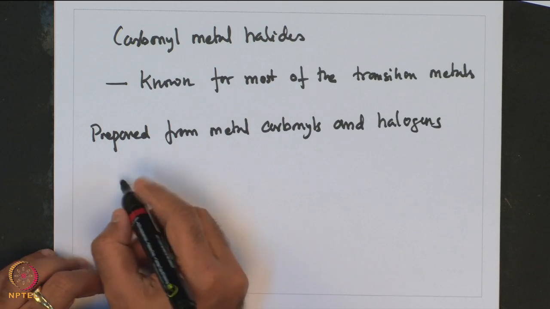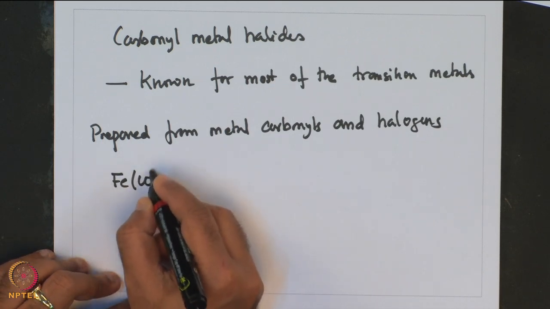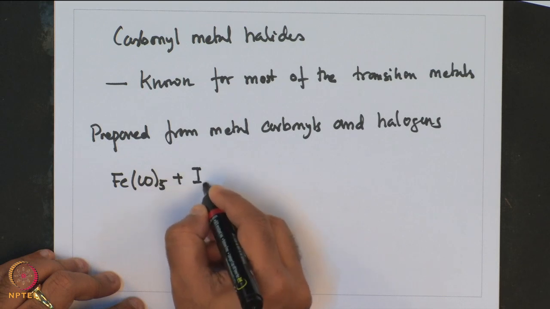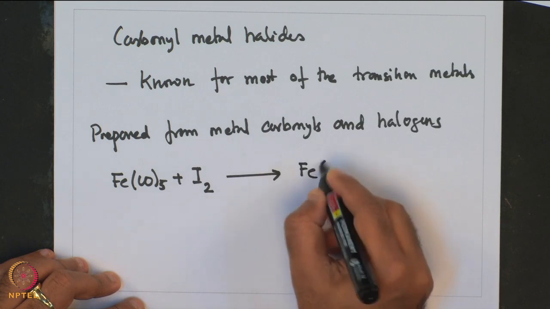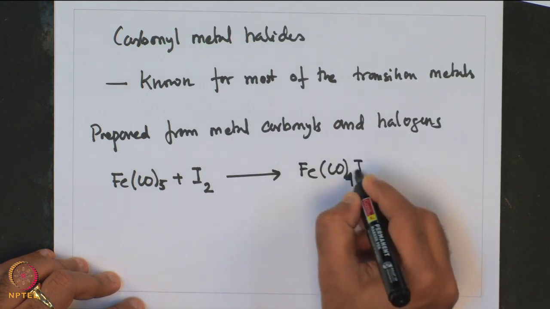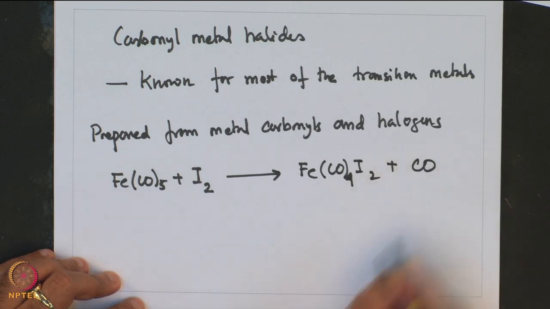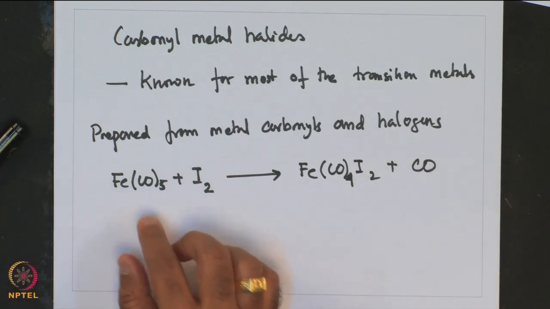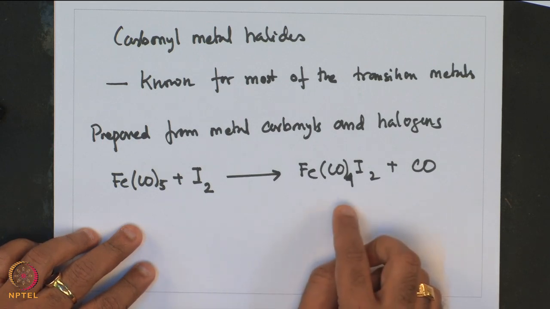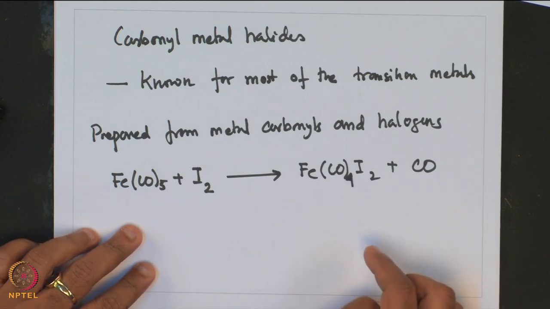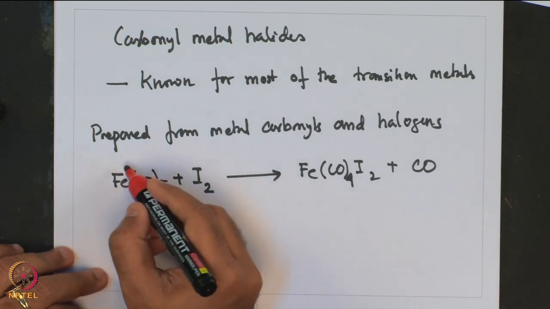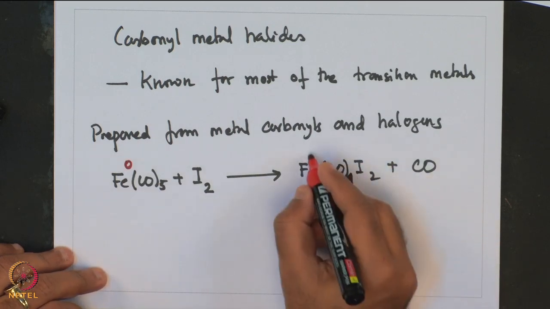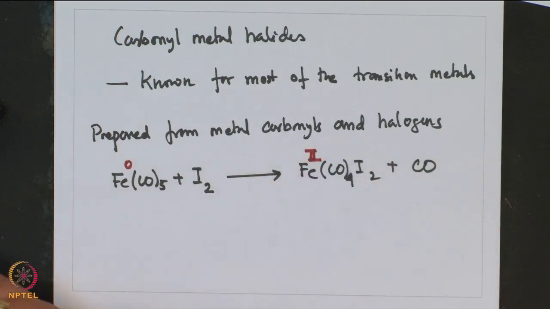And the reaction is given as Fe(CO)5 plus I2 giving Fe(CO)4I2 plus CO. So, here we see a reaction of iron carbonyl with iodine giving the iron metal halide and CO, and iron has been oxidized from its 0 oxidation state to 2 plus by this oxidative addition of iodine.